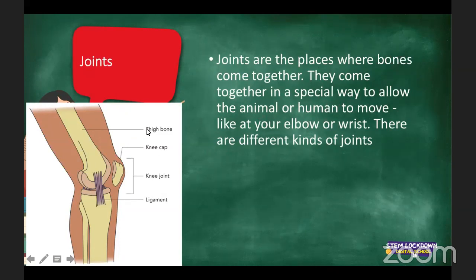There's a thigh bone, then there's a kneecap, a knee joint, and then what are called ligaments. Ligaments, guys, are muscles, okay? Then everything here on this picture which has been labeled, it's pictures of what? Of bones.